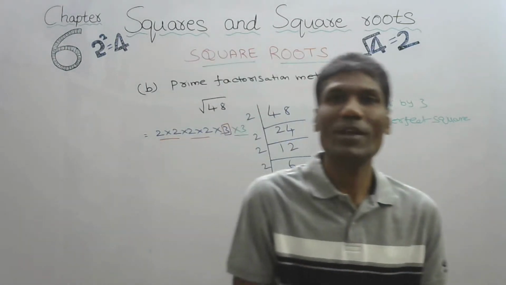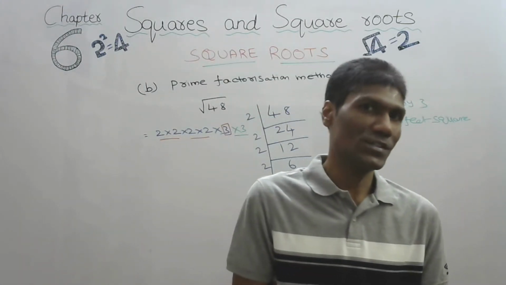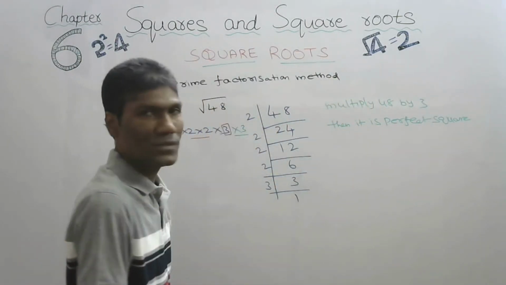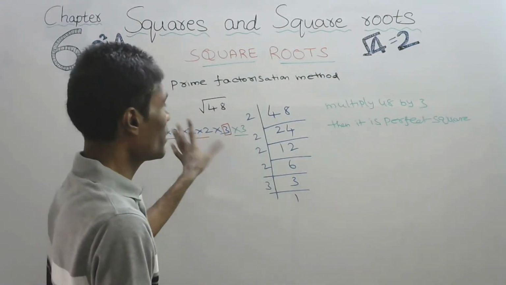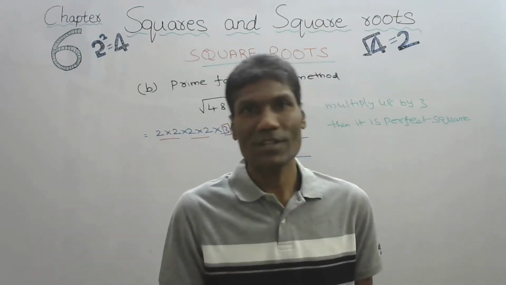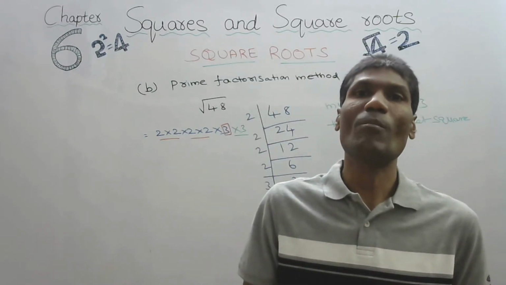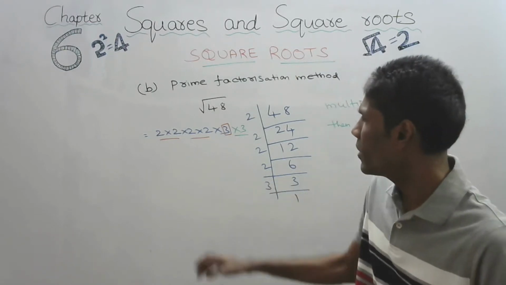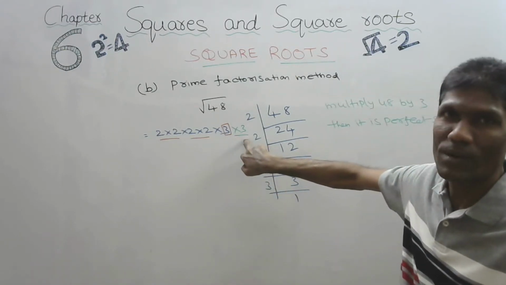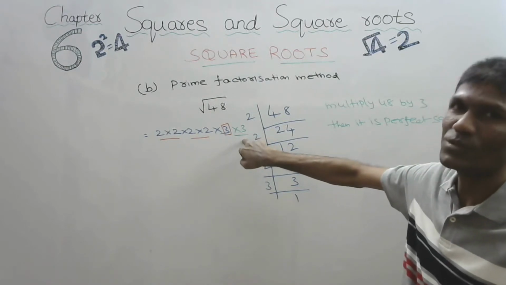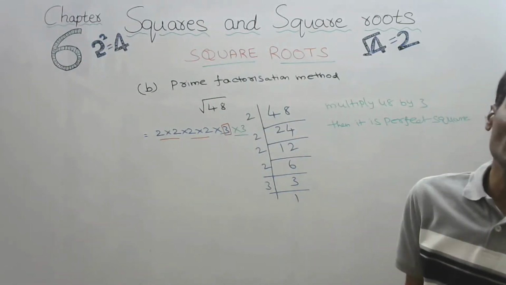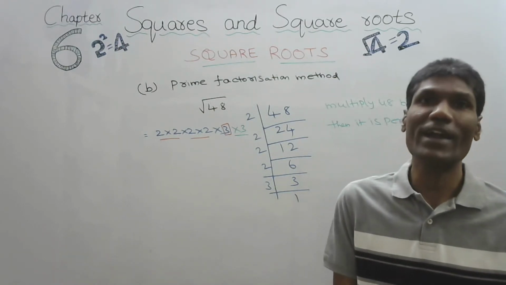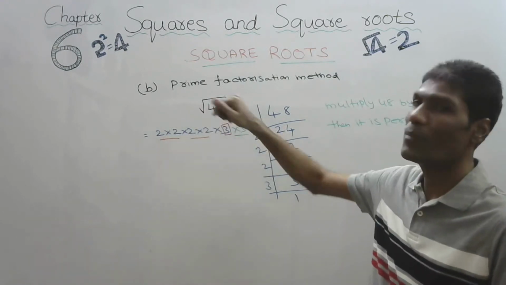So the question may be in 3 forms. First one, find the square root. We can pair up and find it. The second one, with what number we should multiply so that it will become a perfect square. Simple. With the number which is not paired up, we should multiply. Third model, with what number we should divide so that this will become a perfect square.